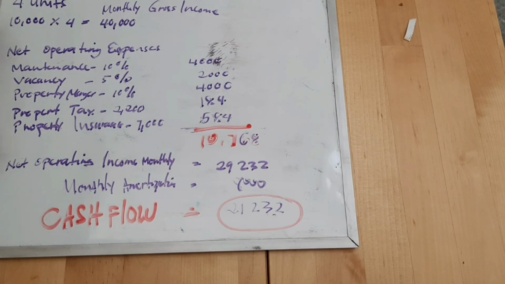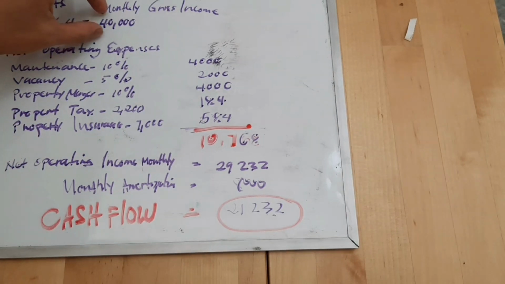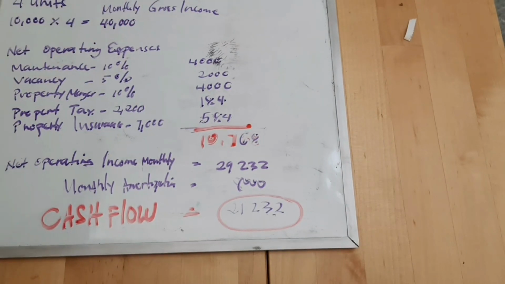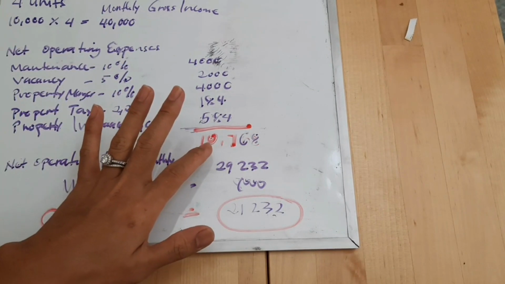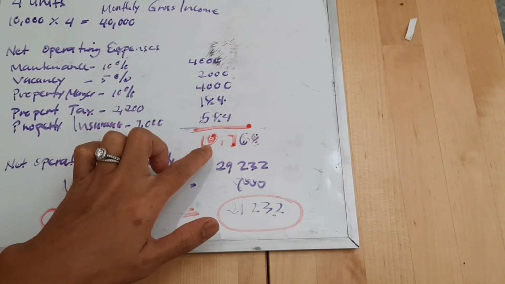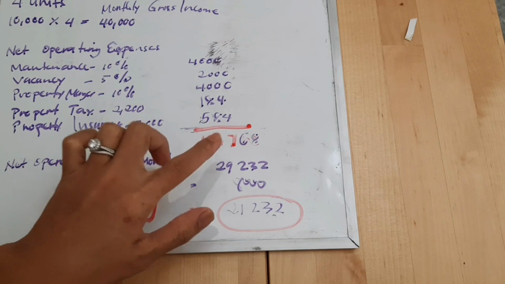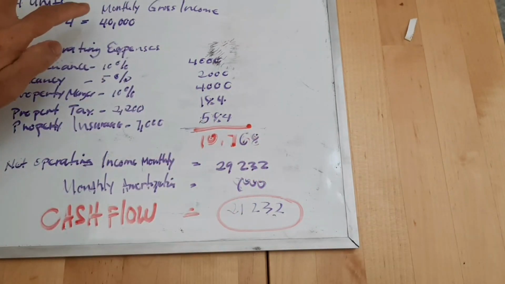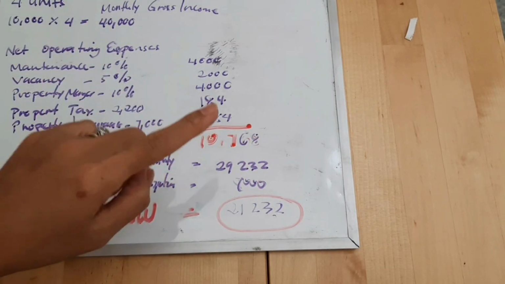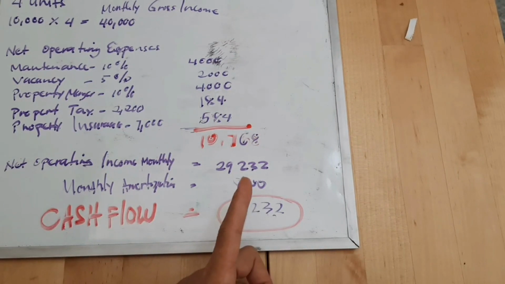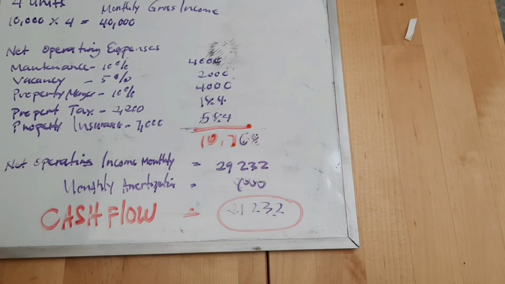And they are called your operating expenses. So after you subtract all your operating expenses from your monthly gross income, 40,000 minus 10,768 is 29,232.